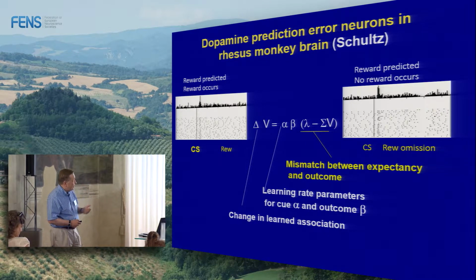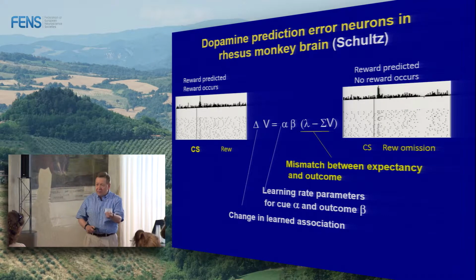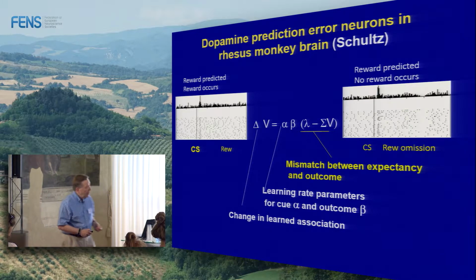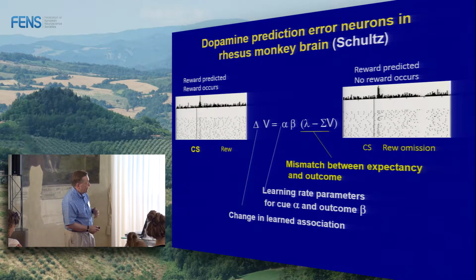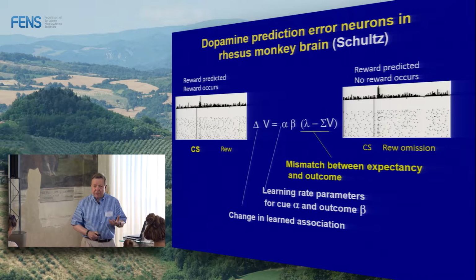So with training, the activity moves back from where the reward's delivered to the presentation of the conditioned stimulus. So the monkey is anticipating the reward. And moreover, if the reward is omitted here, then the neurons stop activity. So in some sense, the system is modelling the occurrence, this anticipation of the goal, of the reward.